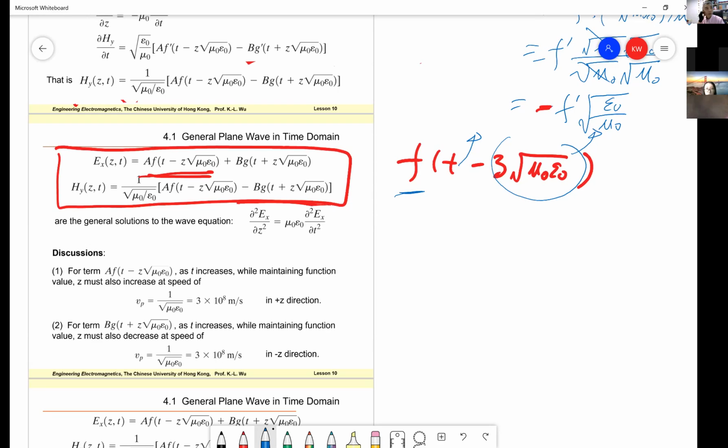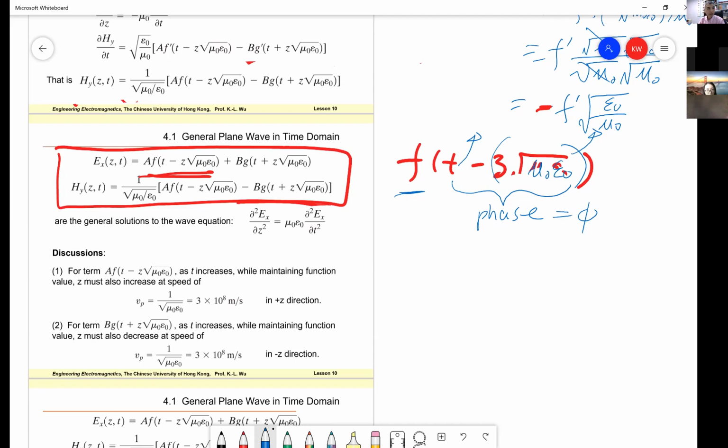So if I call this term a phase, phi, that means phi must be a constant.